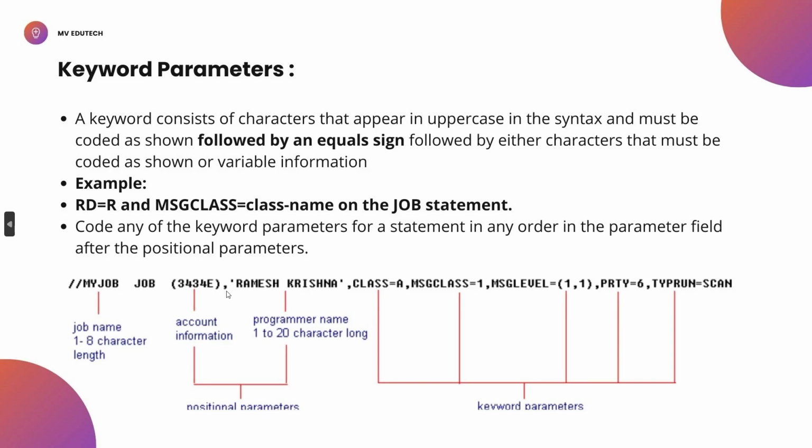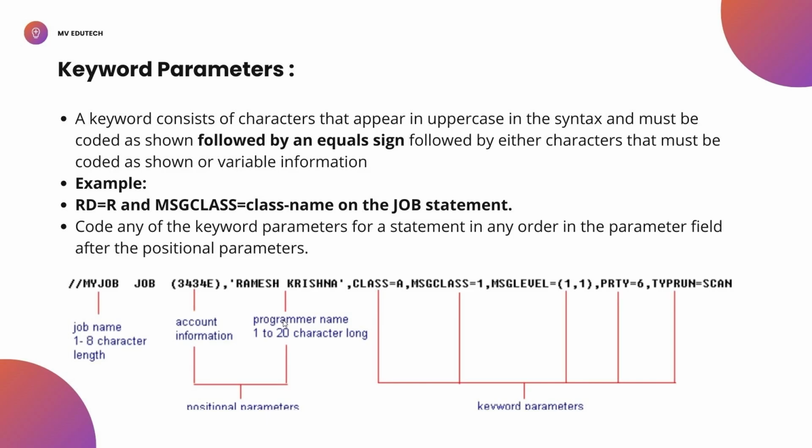Between single quotations we write the programmer's name, which consists of 1 to 20 characters. This accounting information and programmer's name are called positional parameters. After that you give a comma to separate positional parameters and keyword parameters.